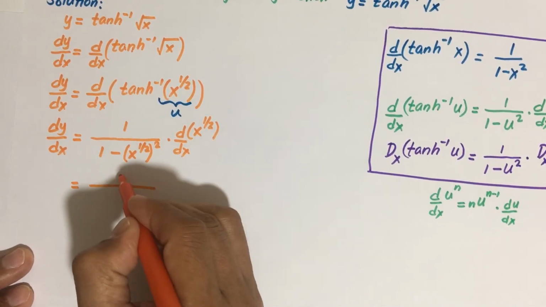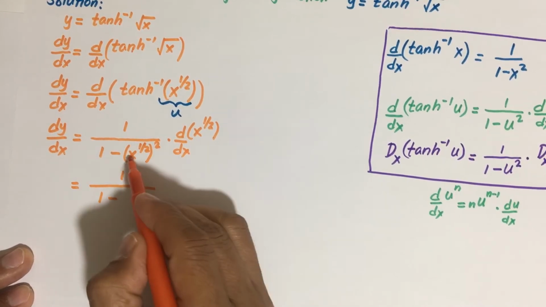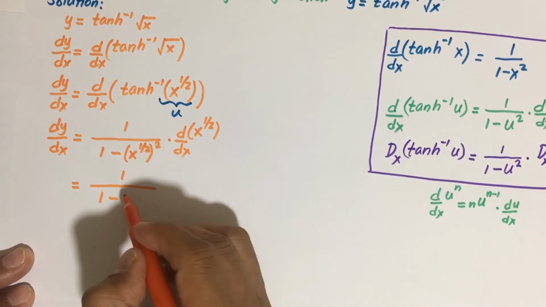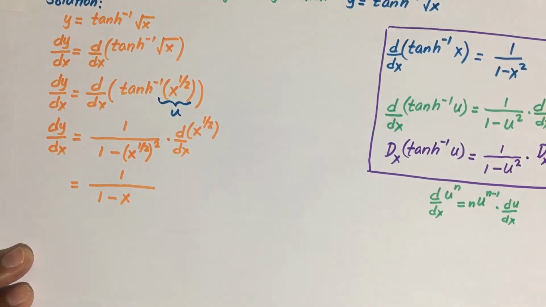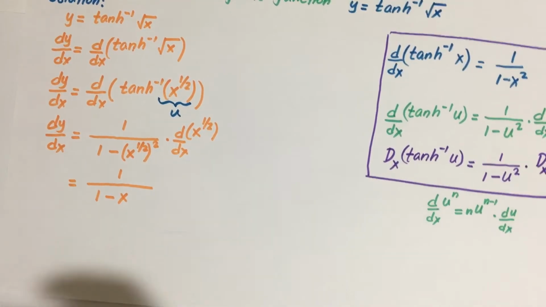So just copy this one, we have 1 divided by 1 minus, so x to the 1/2 squared.